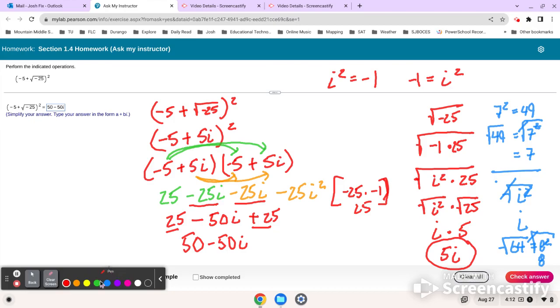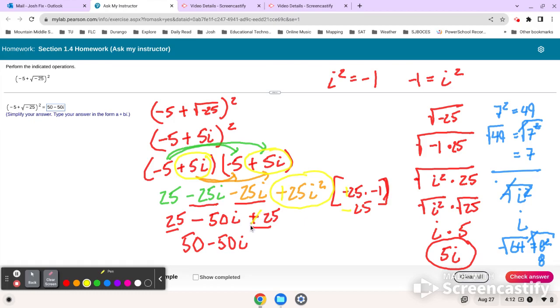Let's choose yellow. All right. So right here, I took a positive times a positive, and I put it down as a negative. Don't ask me why. That should have been a positive sign right there. So when I came over here, this would be a positive sign. So I have a positive times a negative, which would give me a negative.